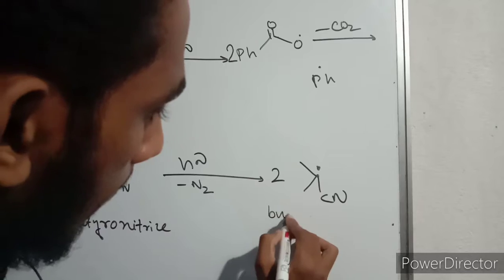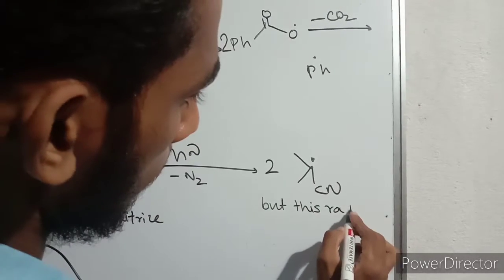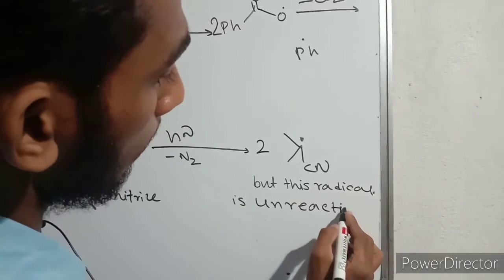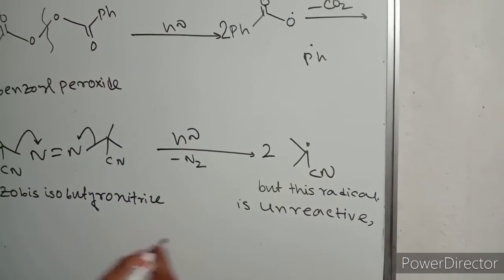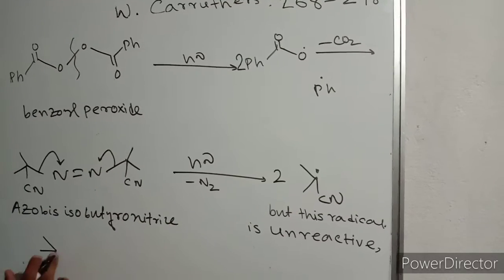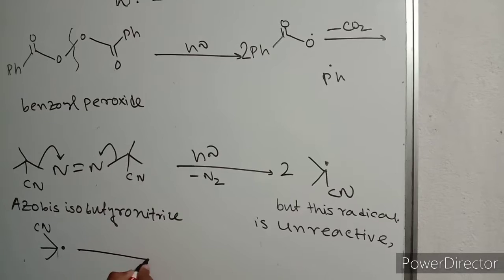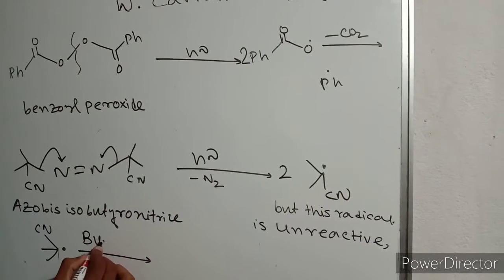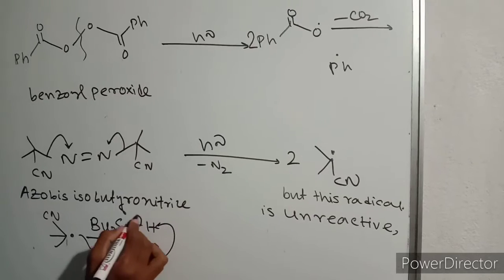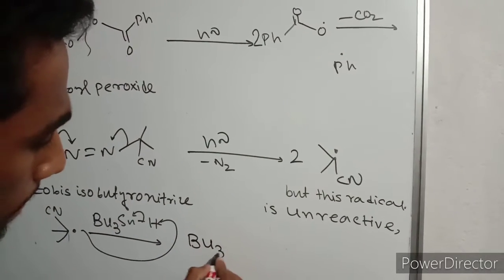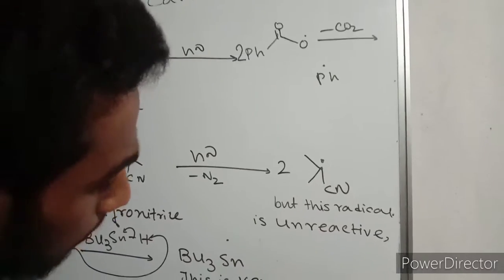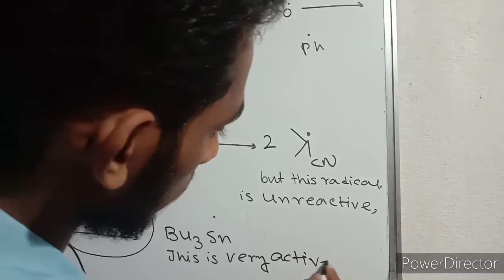But this radical is unreactive, but it is capable of abstracting the hydrogen from tributyl tin hydride. This is a very active radical.